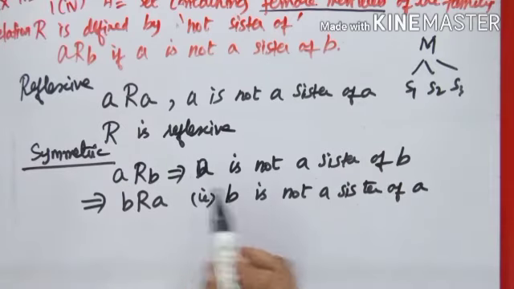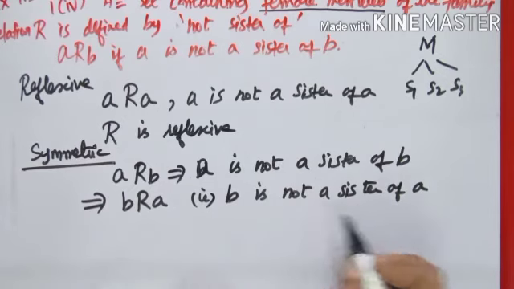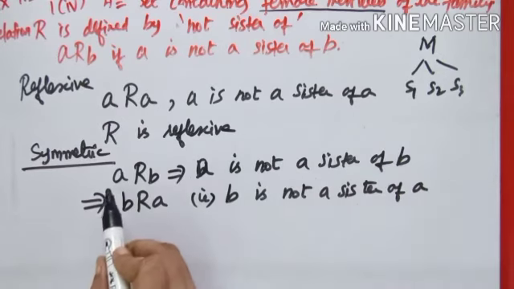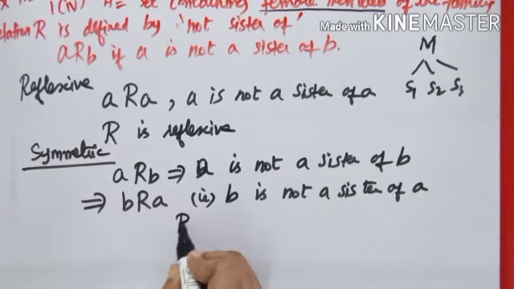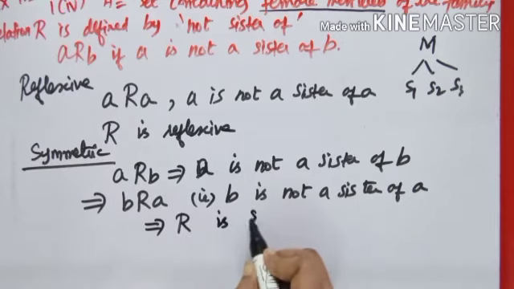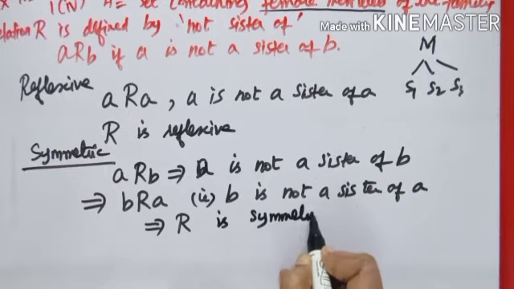So whenever A is not a sister of B, I can immediately say B is not a sister of A. So A related to B implies B related to A, and I will conclude R is symmetric.